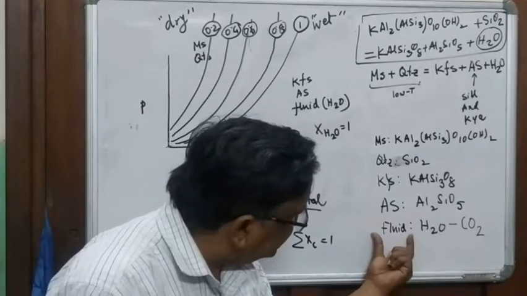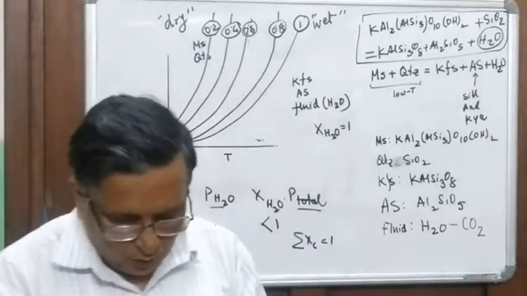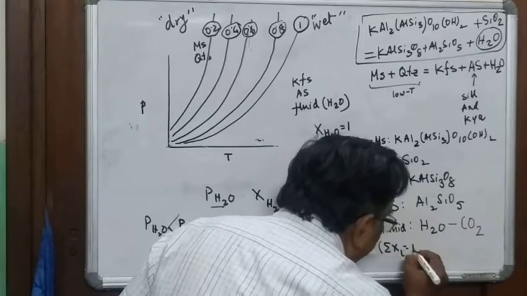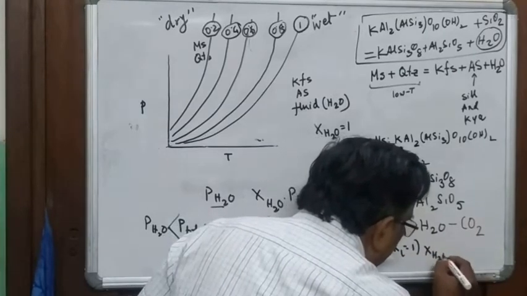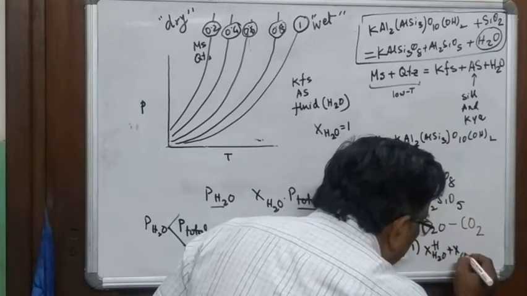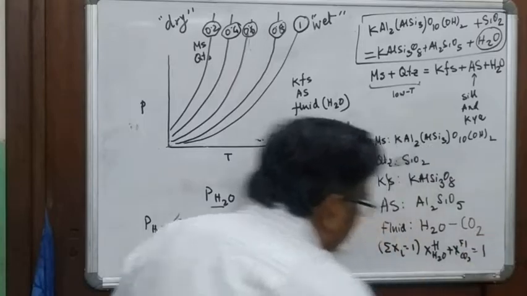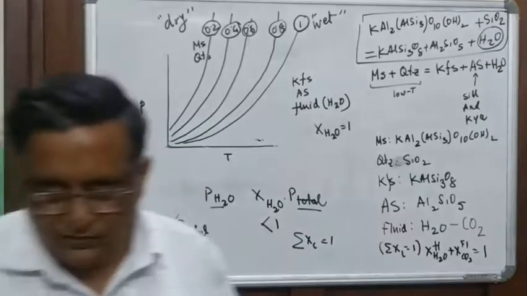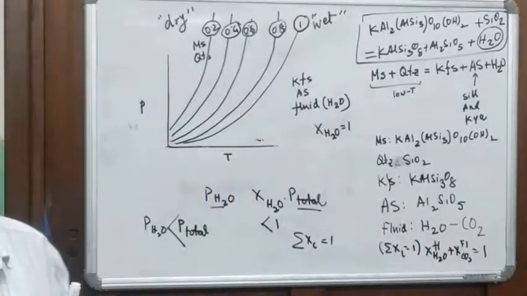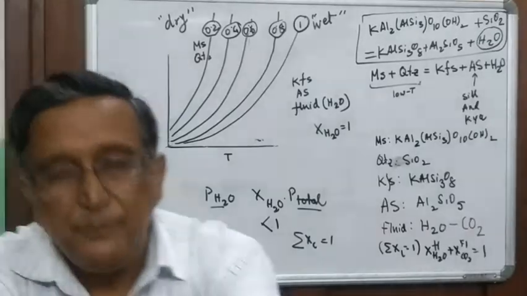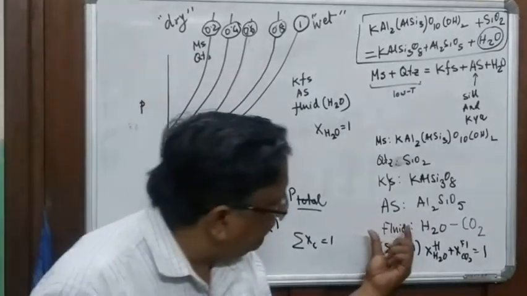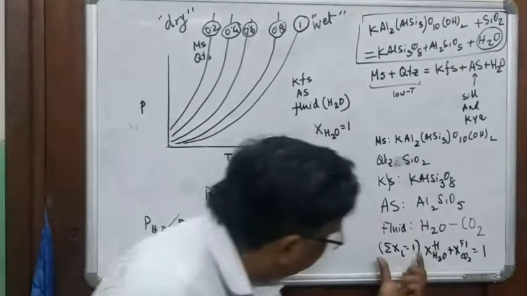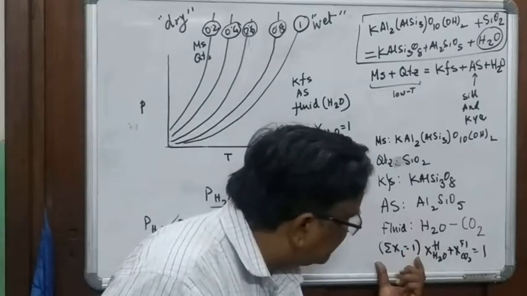The fluid is H2O and CO2, so that your original sigma xi equal to 1, meaning XH2O fluid plus XCO2 fluid equal to 1. So that now you say, okay, I'm a little bit relaxed. There's nothing to relax. This is just because I want to help you understand it. So when I say fluid phase, then your sigma xi is equal to 1.